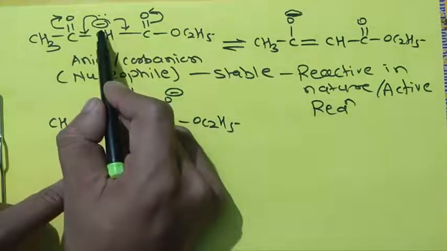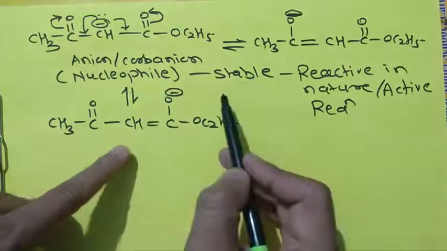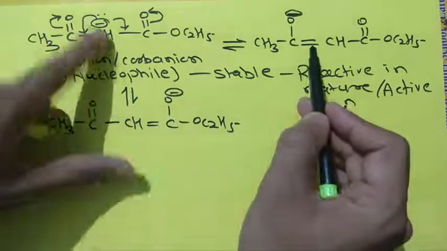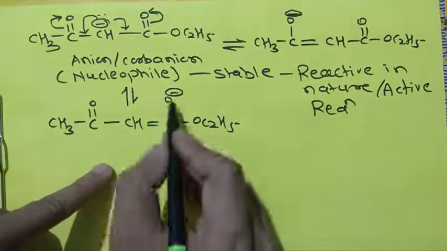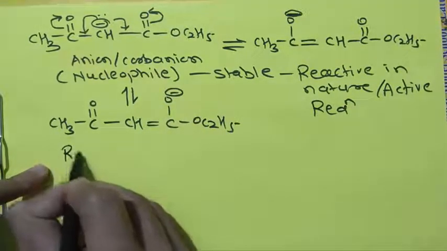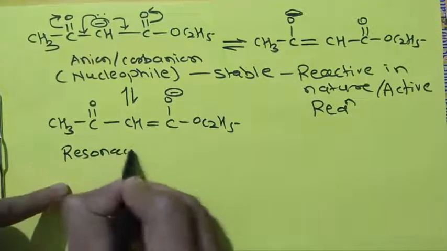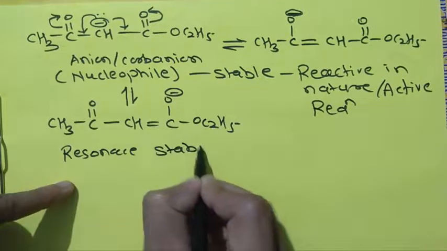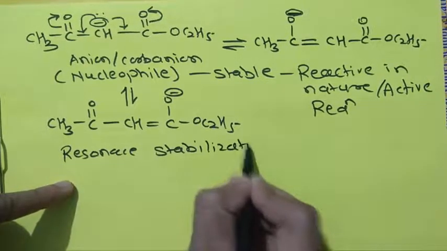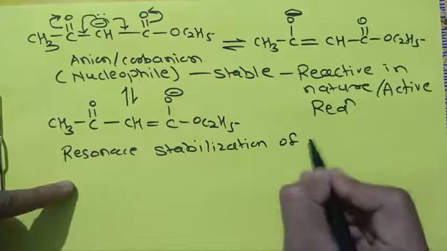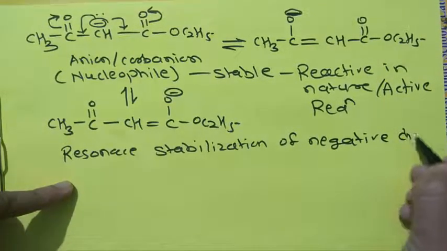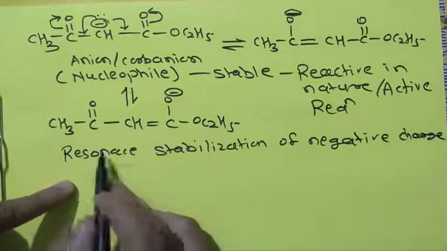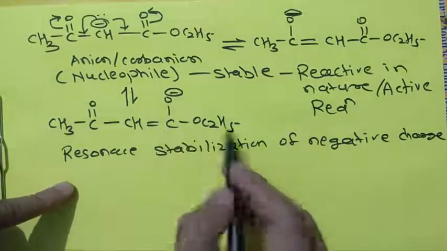This negative charge can be stabilized by this side also, and by this side also. This is called resonance stabilization of the negative charge.